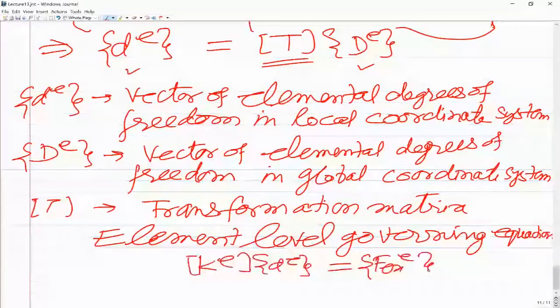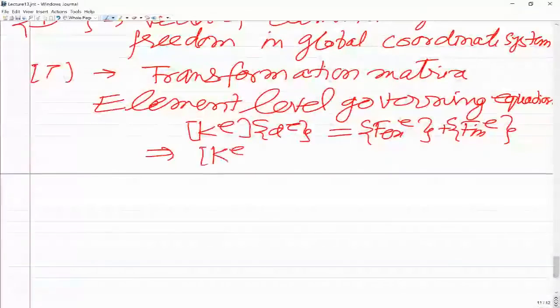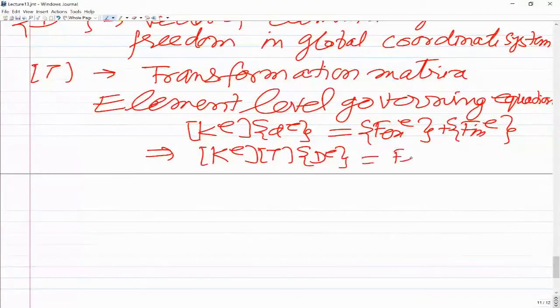In this, the d we have already defined. So now d is equal to capital T into capital D. So we can write this as Ke into T into capital De is equal to, on the right hand side, F external for the element plus F internal for the element.